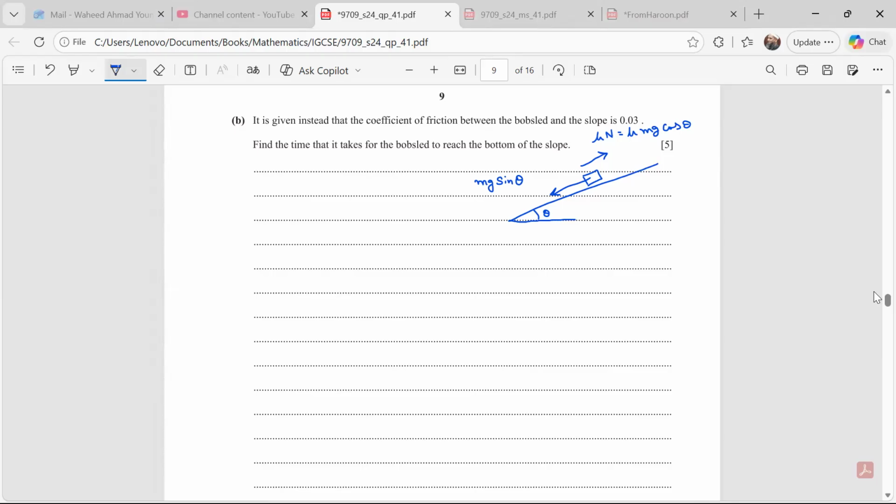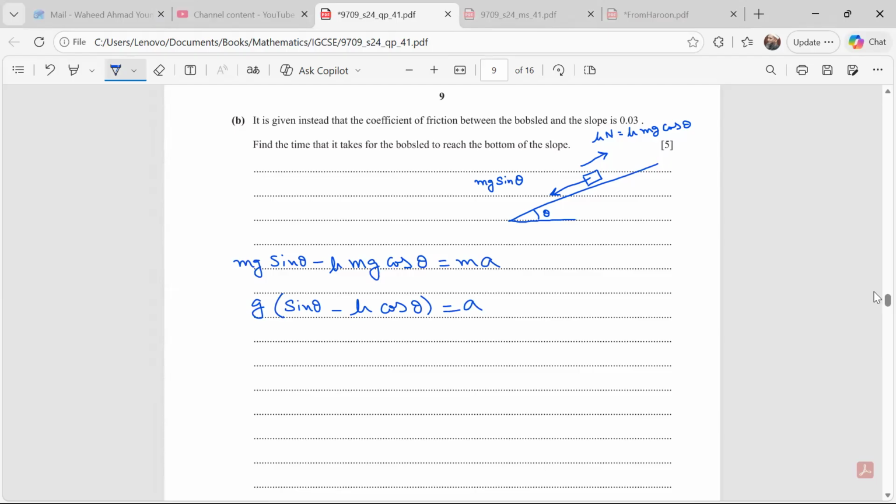So the net force on this object is mg sine theta minus mu mg cos theta, and this force is equal to ma, the second law of motion. If I cancel m throughout this equation and take g common outside, it's going to be g times (sine theta minus mu cos theta) equals a.